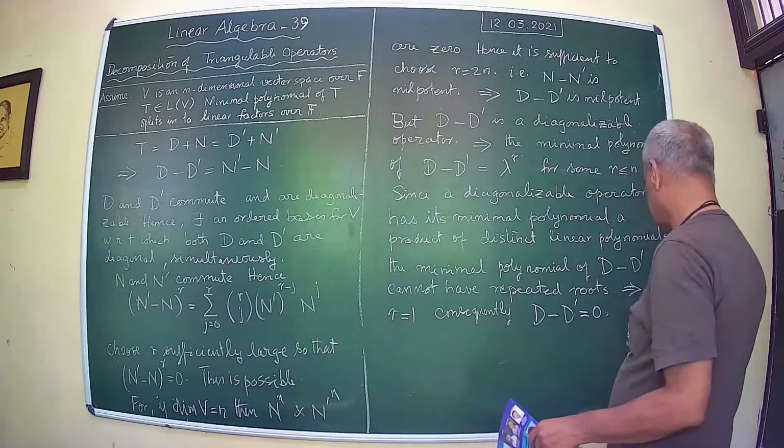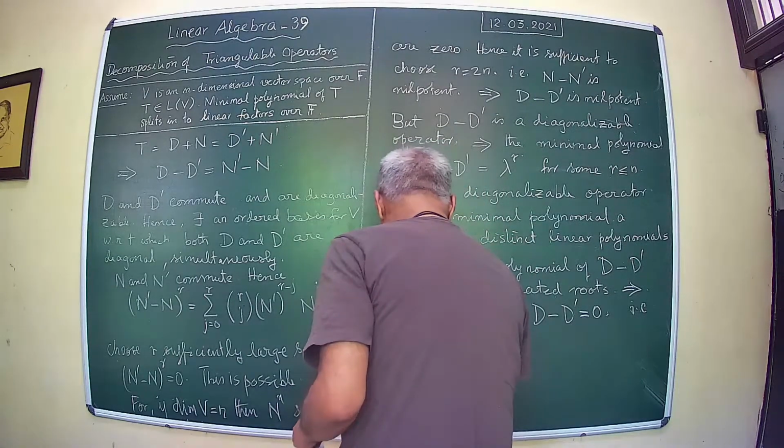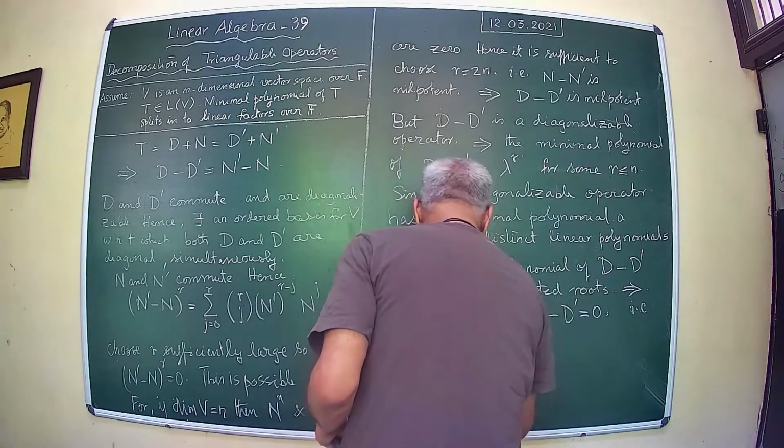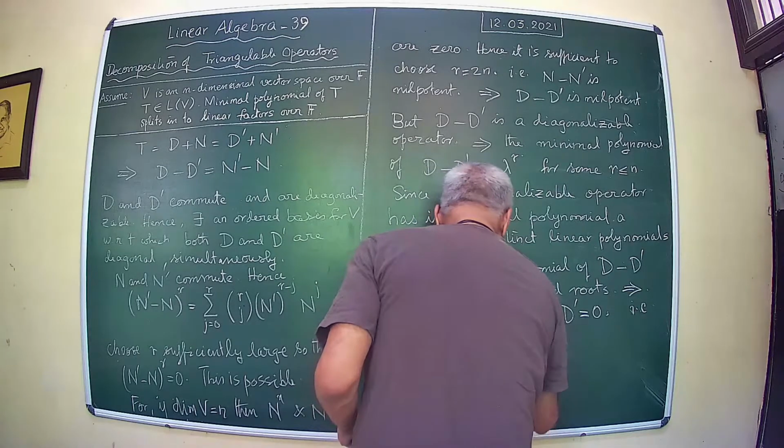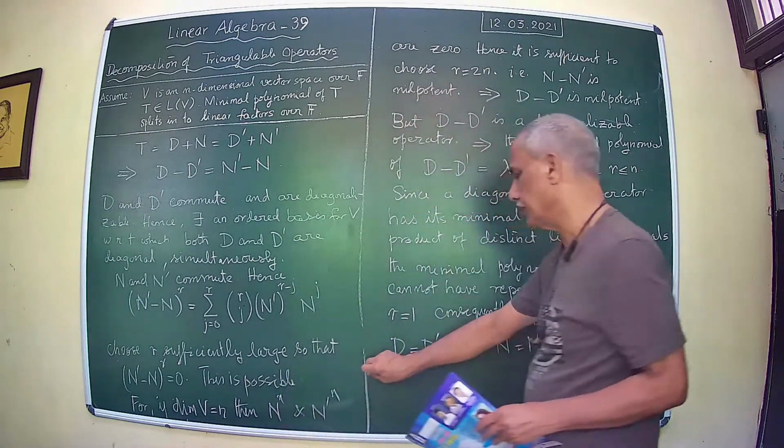That is, D equals D prime, and N equals N prime. So that rules the universe.